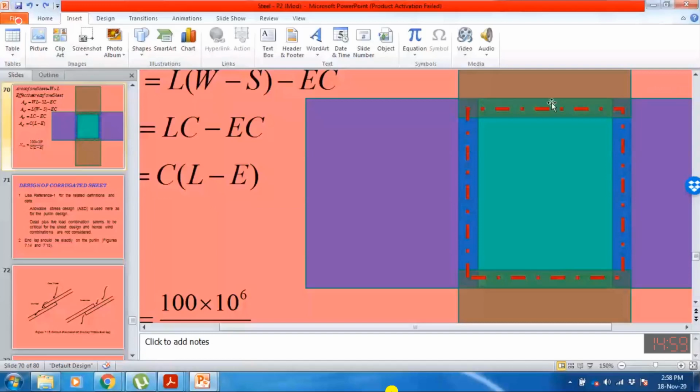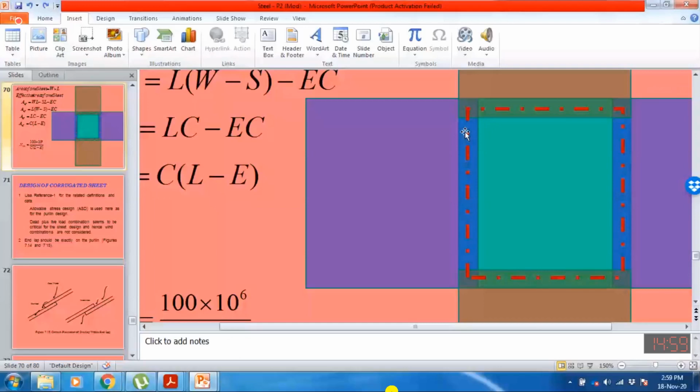If I subtract this, then I will have the area between the dash line. The area between the dash line is the actual space, the area covered by one sheet. The area around the boundary is the redundant or extra sheet area which is used to provide the side lap and the end lap.